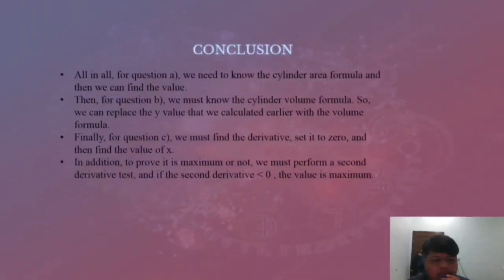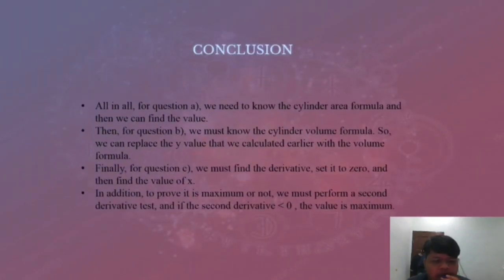Conclusion for our presentation. All in all, for question A, we need to know the cylinder area formula, and then we can find the value. Then, for question B, we must know the cylinder volume formula, so we can replace the y value that we calculated earlier in the volume formula.